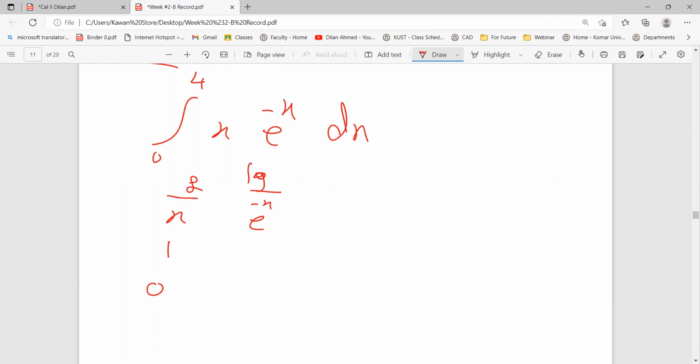First of all, we have f and g. We have f for derivative, g for integral. So let f be x, let g be minus e to power x.